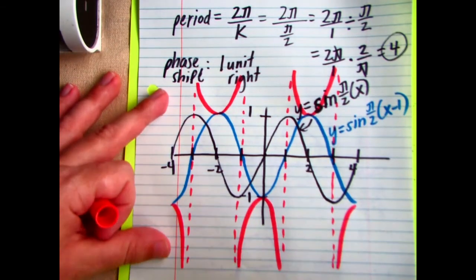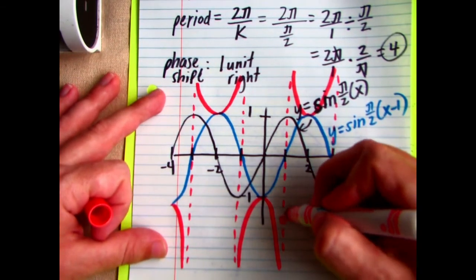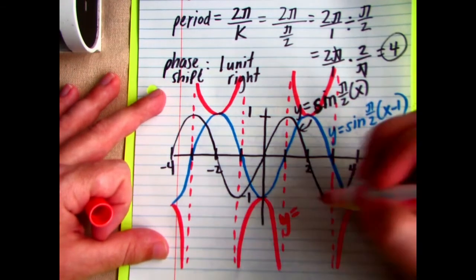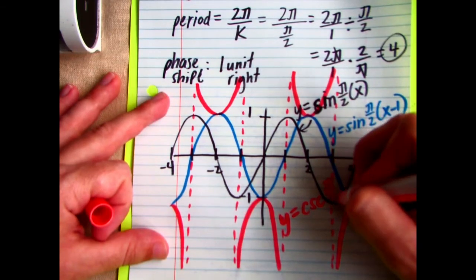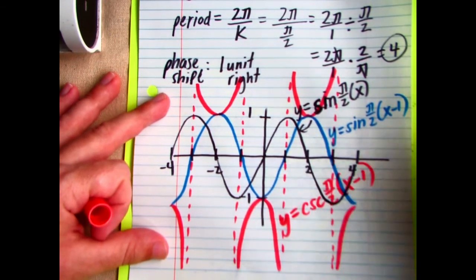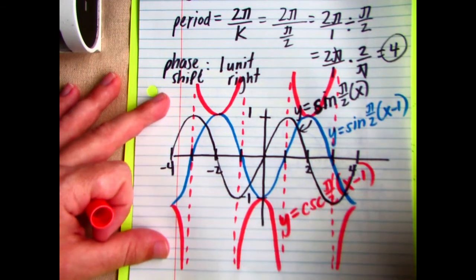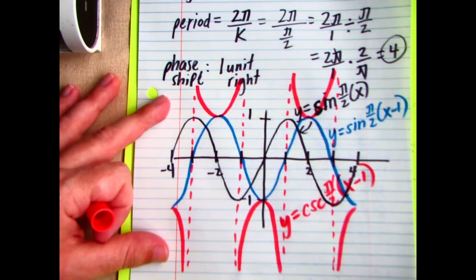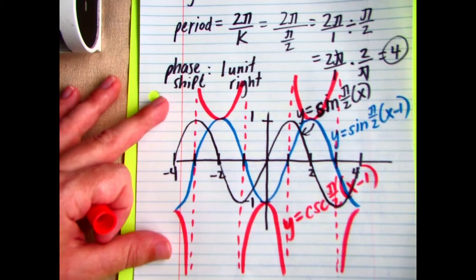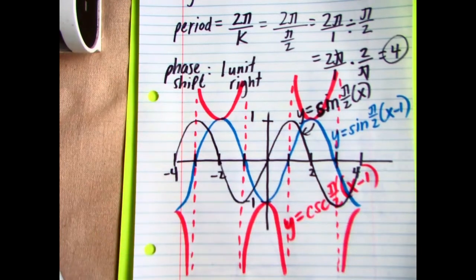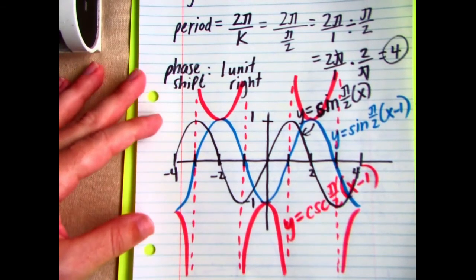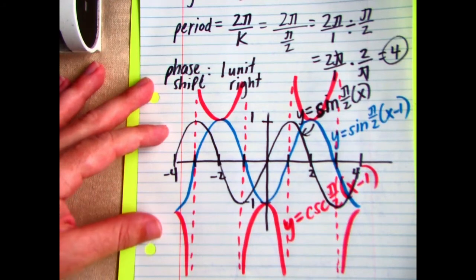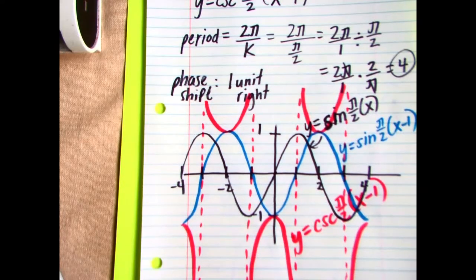So in red here, I have my final answer graph: y equals cosecant of pi over 2 times x minus 1. Kind of a mess of stuff there. If you were doing your homework in pencil, you could erase all that mess inside and leave just your red graph. But that's how we do it.